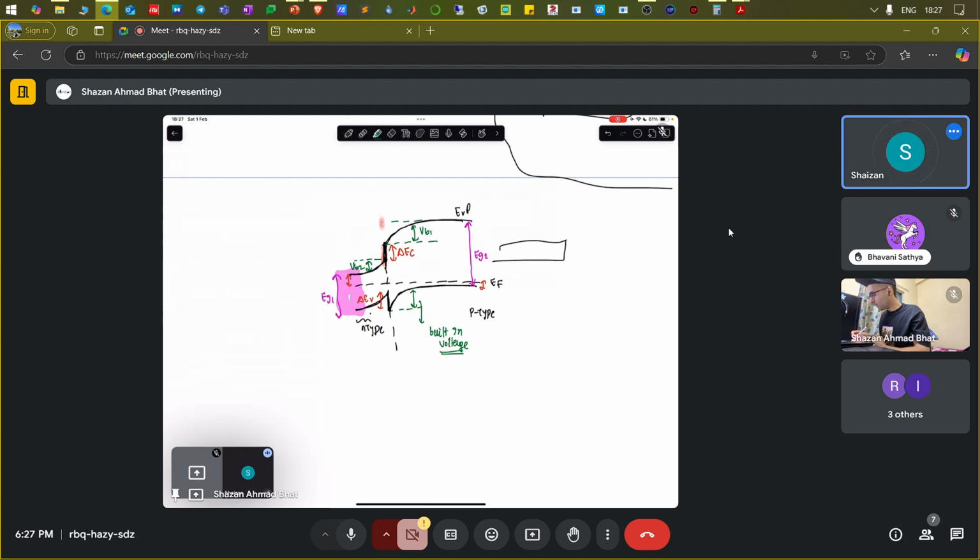Let's remove this thing. Let's say you start from this particular point, then you have to go all the way to make a closed loop. You go up by this particular thing, then up by this thing, come here, then go down by this thing, go up again, and you reach back to this particular point.